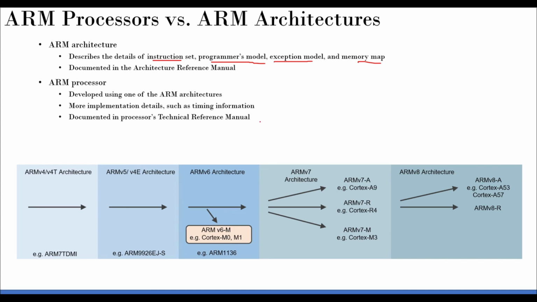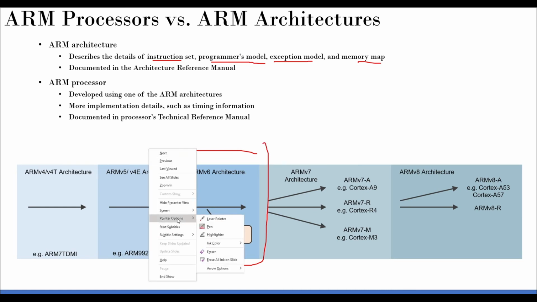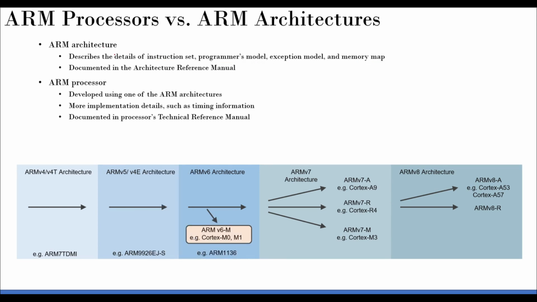Even there, ARM has a lot of licenses. This is from the traditional way to the modern day, so ignore it if you don't understand. But what we are following is the ARMv6 architecture, which is used in the M0 series. So we will be using that. But if somebody tells you about ARM processor or ARM architecture, you should immediately understand what it means. ARM architecture is not the processor architecture.